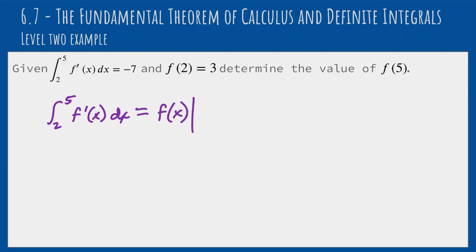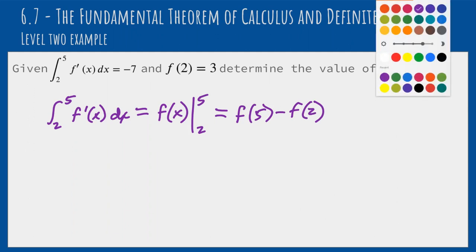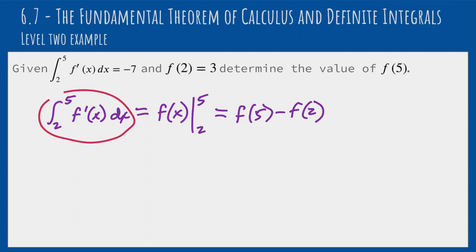So this step right here you could skip over if you're comfortable with it. So we're evaluating the antiderivative from 2 to 5. So that's going to be equal to f of 5 minus f of 2. So we know that this is -7.